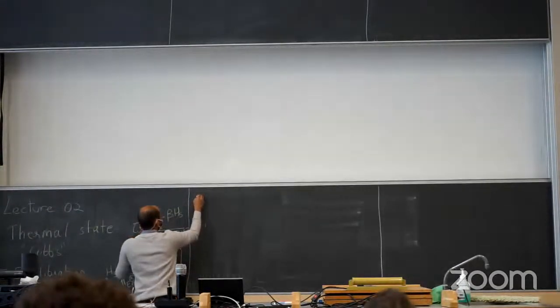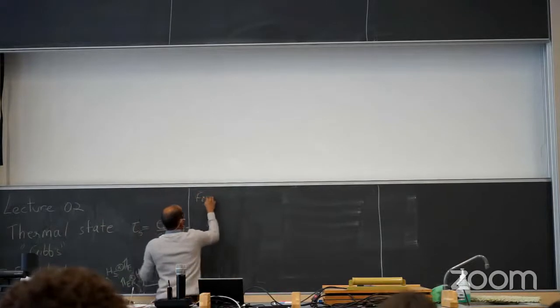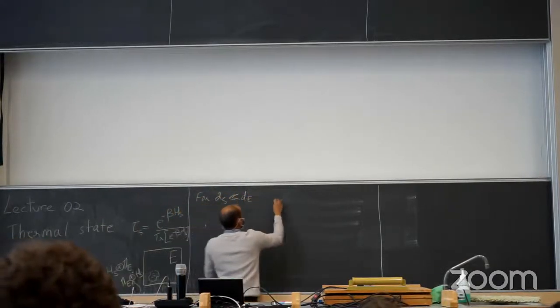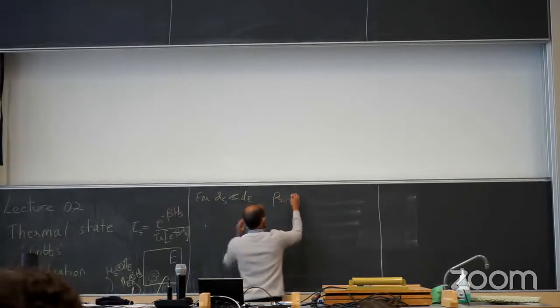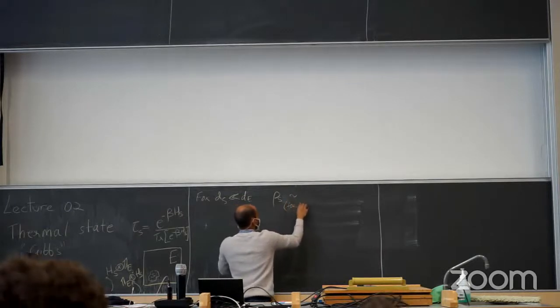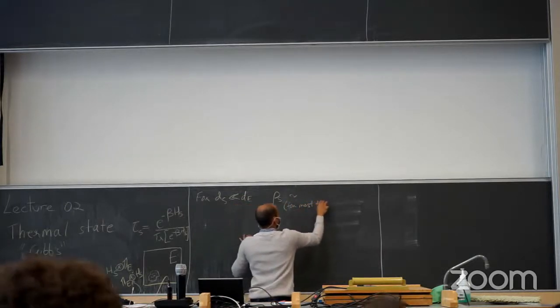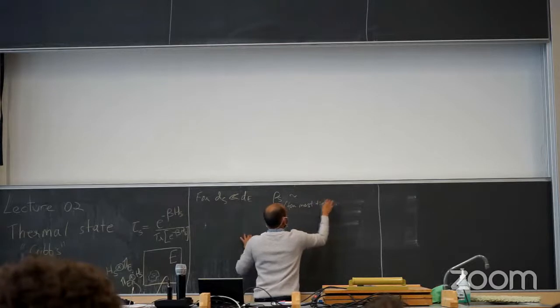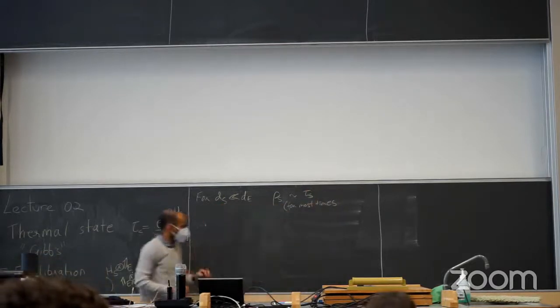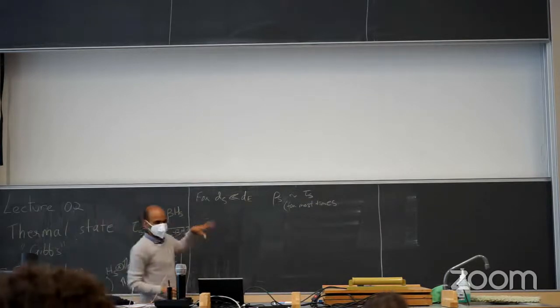So dS much smaller than dE, rho S becomes very close, for most times, let's say, becomes tau S.